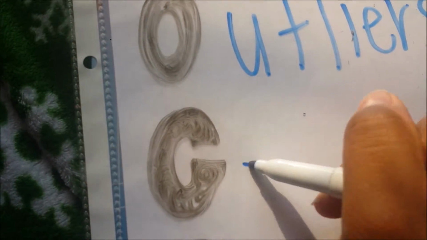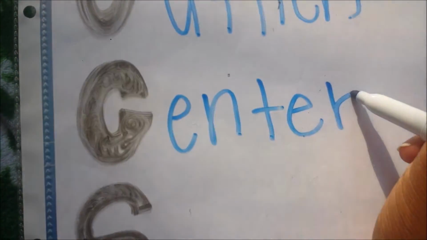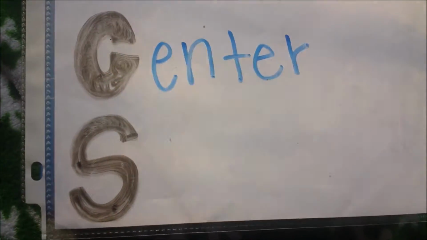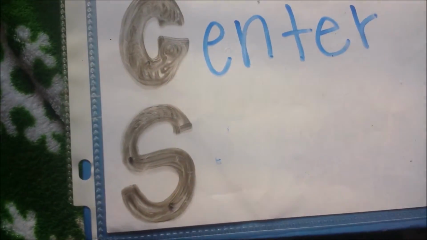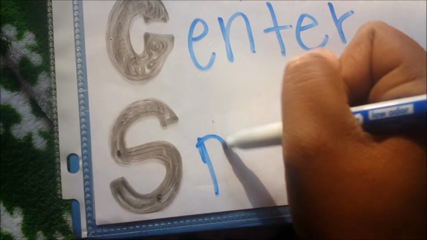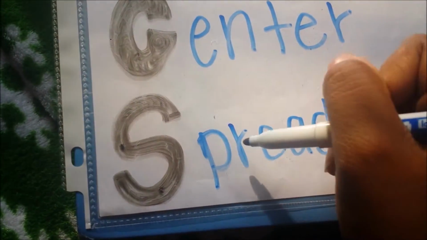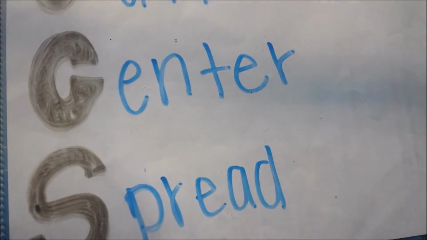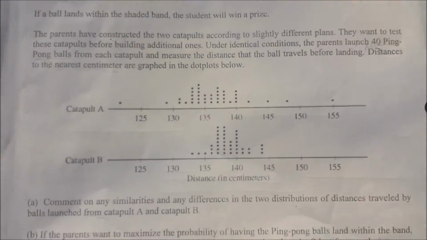C stands for center, which can either be your median or your mean, depending on if your graph is skewed or normally distributed. And your last S stands for spread. Depending on your center, your spread will either be a 5-number summary or your standard deviation. Now, using SOCS, we want to compare these two dot plots.